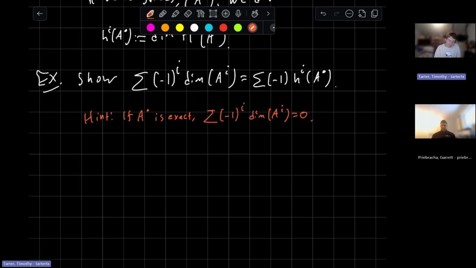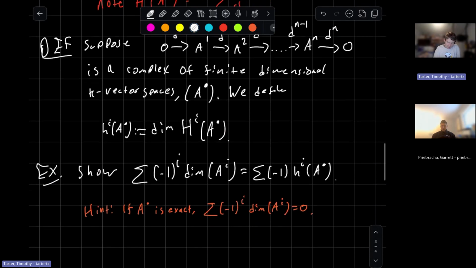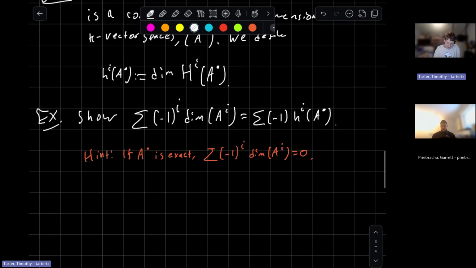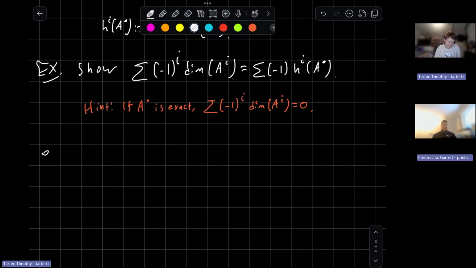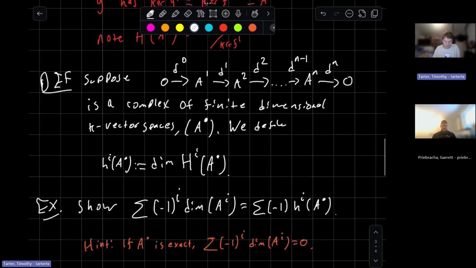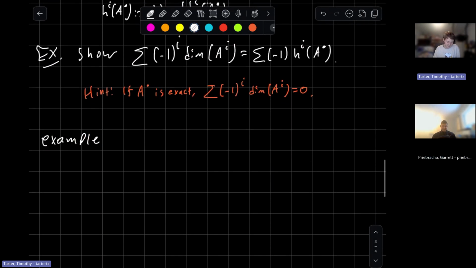So each A_i is a finite dimensional k-vector space. And this is probably going to be an induction proof, and I hate induction proofs. So let's do an example. I think an example will be worth a lot. Let's do an example with an exact sequence.